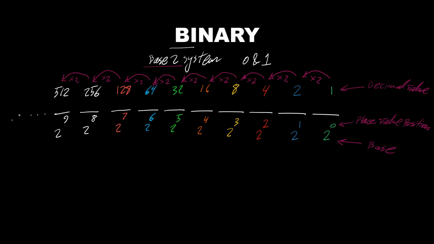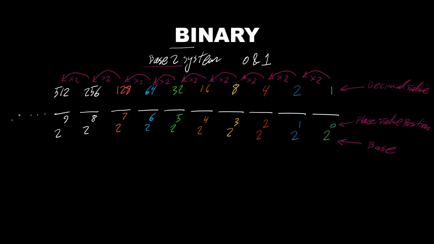So where the decimal value is coming from, base to the power of bit position. For example, here bit position 0 gives us a decimal value of 1. This one is bit position 2, base is 2 in binary system, 2 to the power of 2, it gives us a decimal value of 4. And so on, as we can see here.